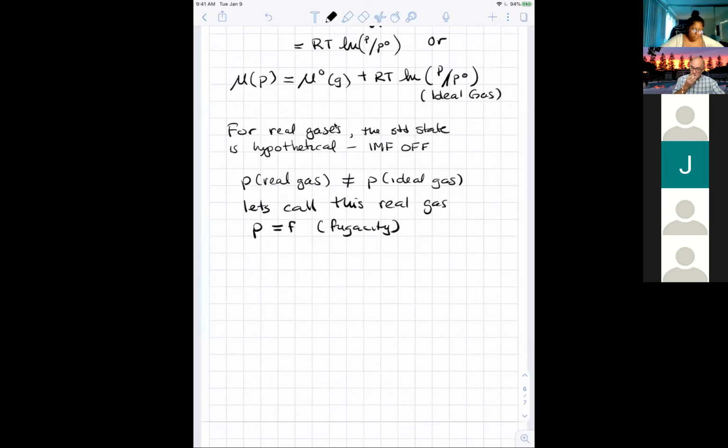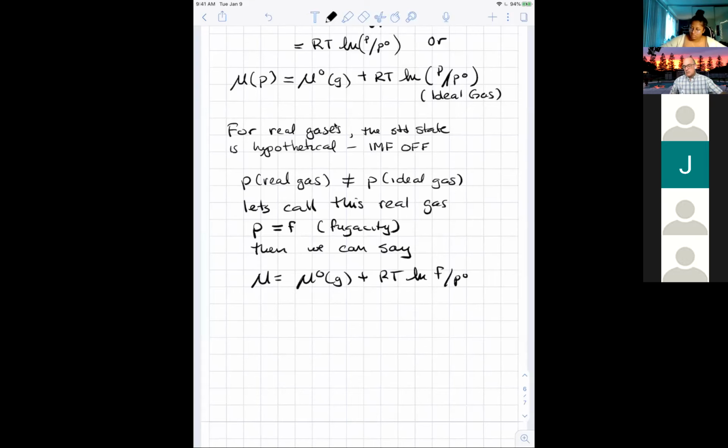Okay, so if we do this, then we can say mu is the standard chemical potential plus RT log F over P naught.